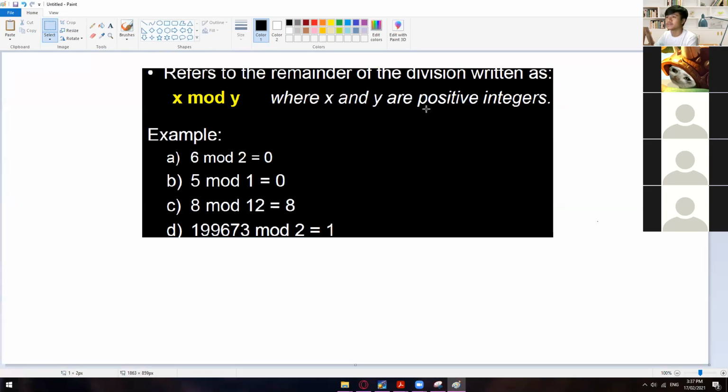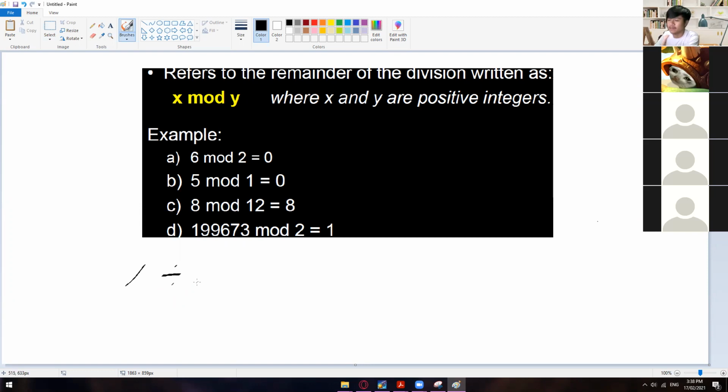Alright, there you go. So as you guys can see right here, this one refers to the remainder of the division, written as x mod y. If we have division, we have the division symbol. If you use that symbol, we're trying to get the integer part and then the remainder part, so basically everything.